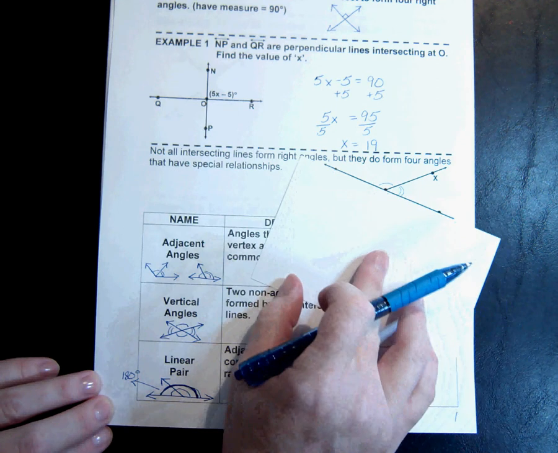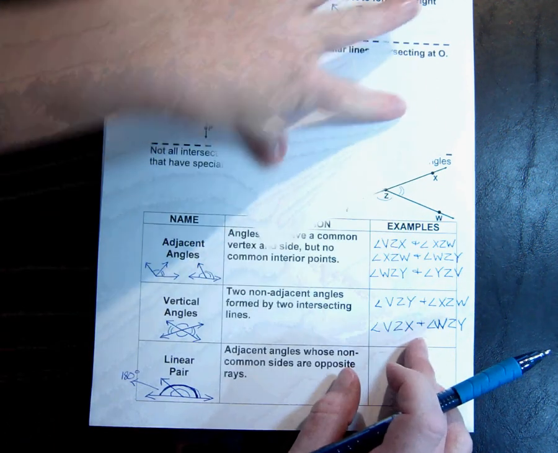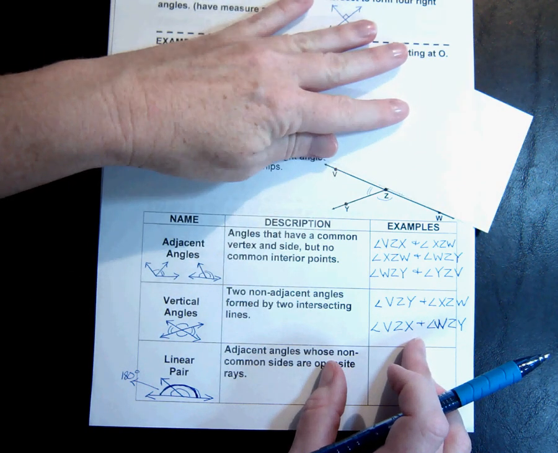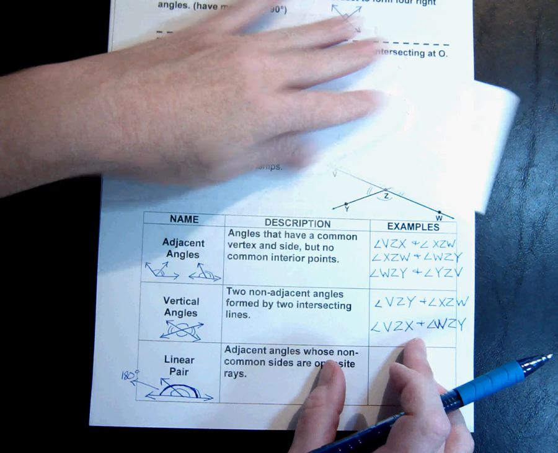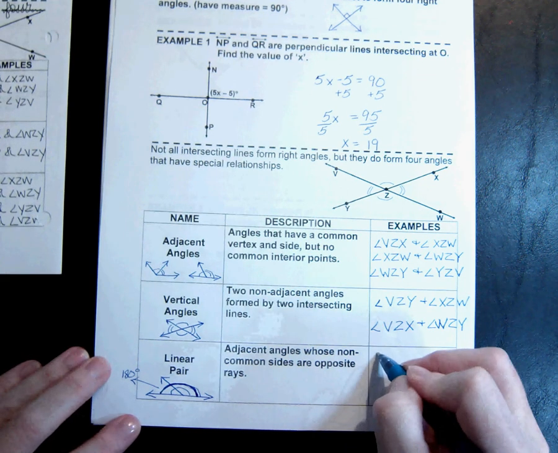Could go around the circle. Those two are linear pairs. Those two are linear pairs. And those would be linear pairs. So there are 4 sets of linear pairs. So let's go ahead and name them all.